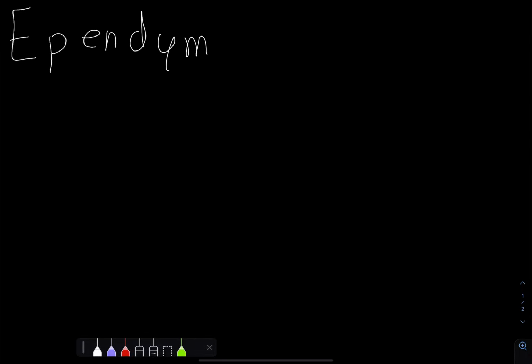So the last type of glial cell we're going to talk about, and these are again most usually talked about in an introductory neuroscience class, are called ependymal cells. These are going to line the ventricles.